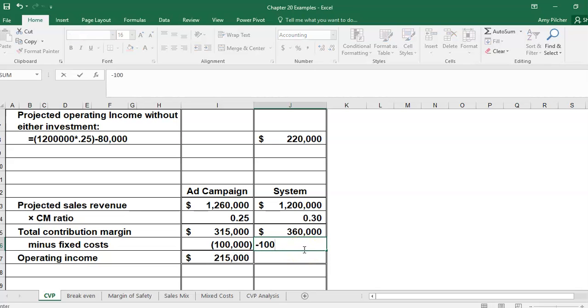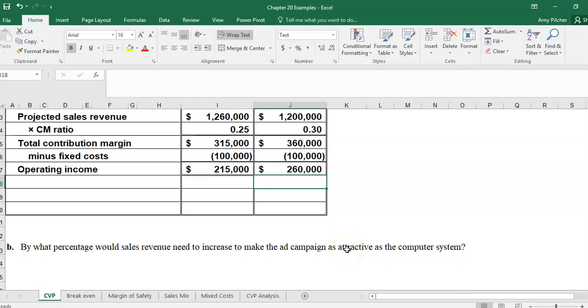We subtract our new fixed cost of $100,000, and we have new operating income of $260,000. Our operating income, therefore, would increase by $40,000 with a $20,000 investment in this computer system. So that makes the computer system seem like a great idea.